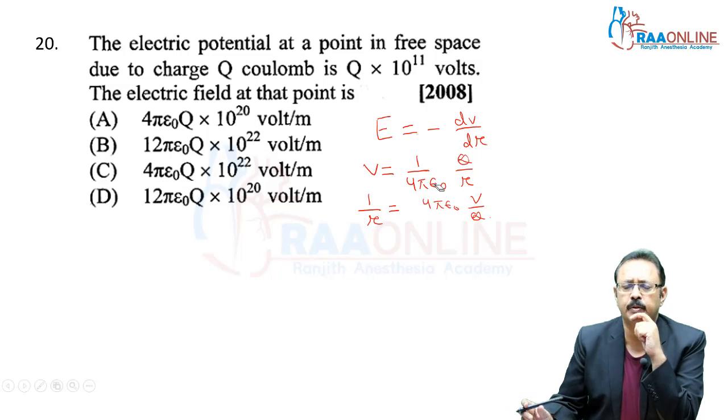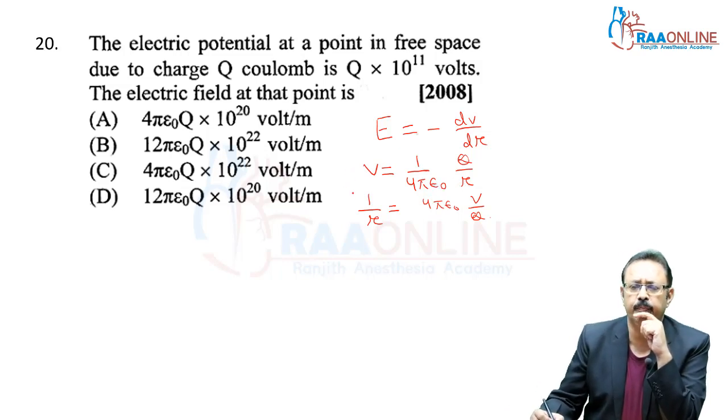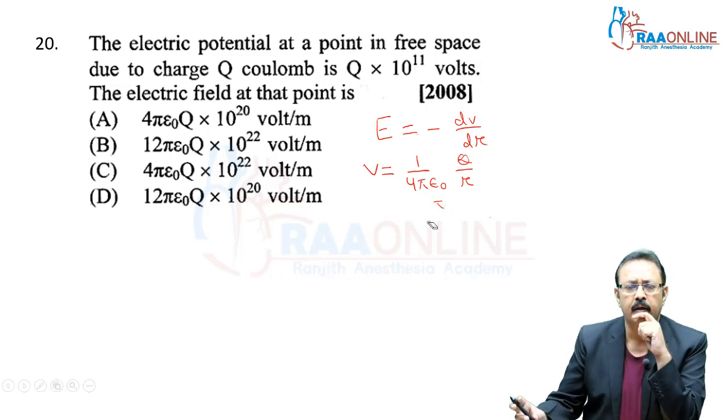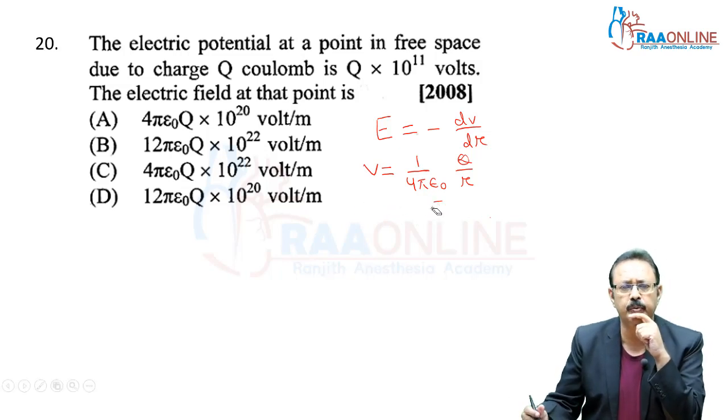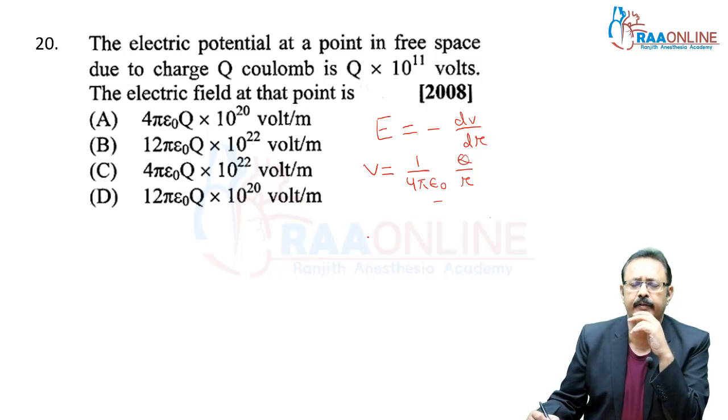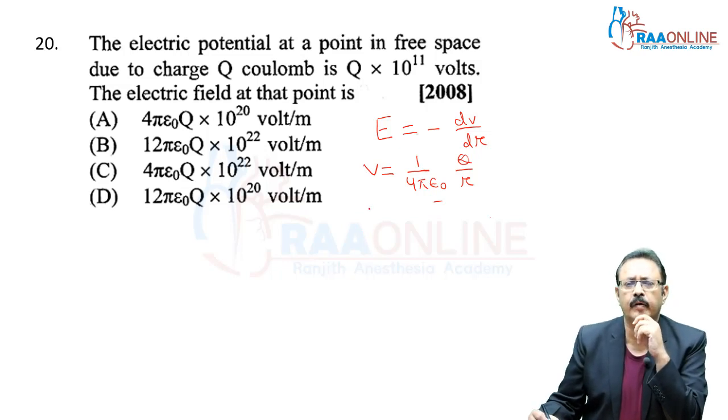Now we can write this, we got this formula. Now we can do one more thing. They gave us E. The electric potential V is given, only the R value is not given.